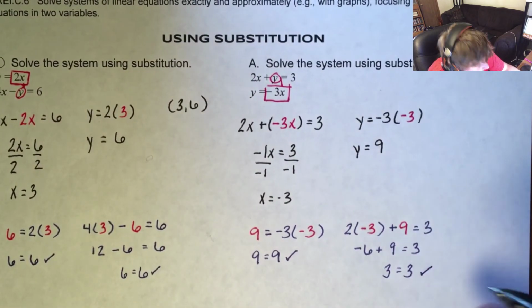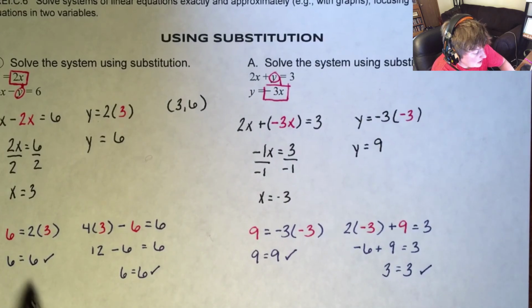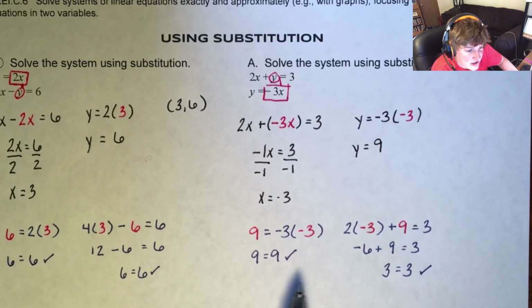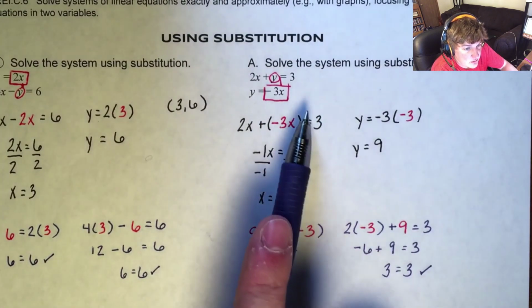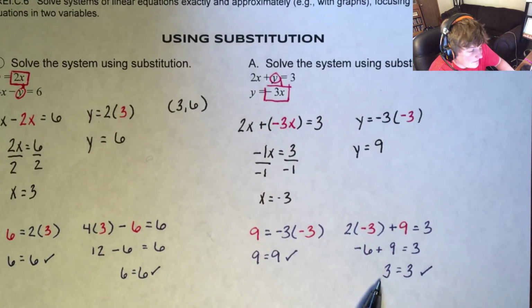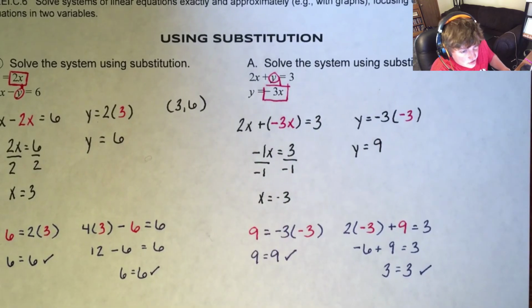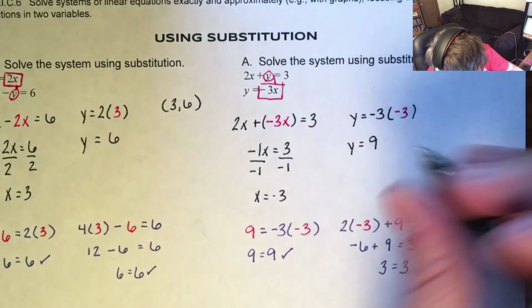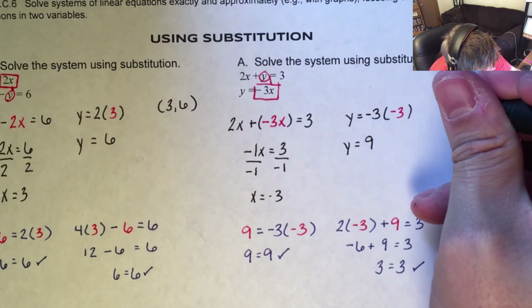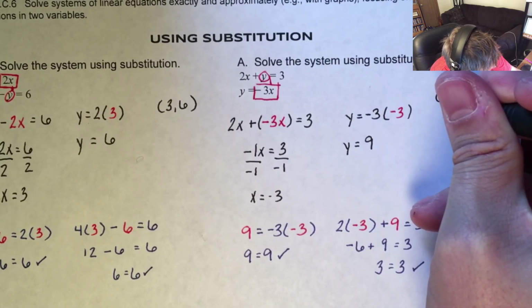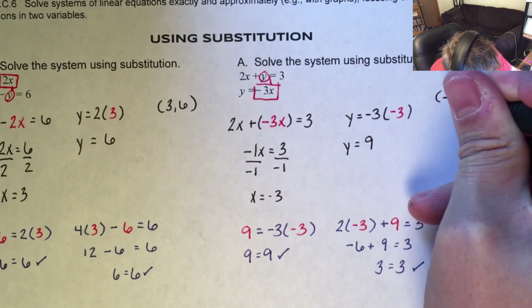So these balance out. And again, as I was talking about earlier, they don't always have to balance out to the same number, as long as the equations balance out. Yes, this one balanced out to 9, and this one balanced out to 3. But the fact is that they balanced out, so that indeed makes our solution the ordered pair negative 3, 9. That is the solution.